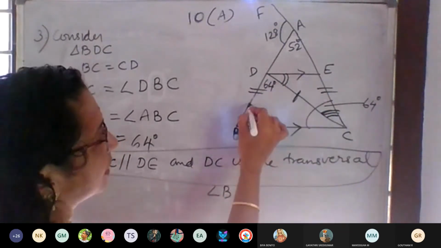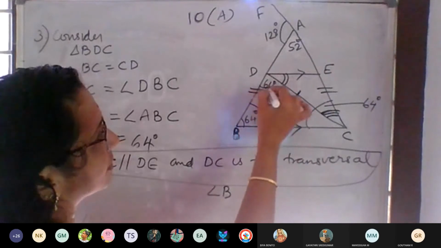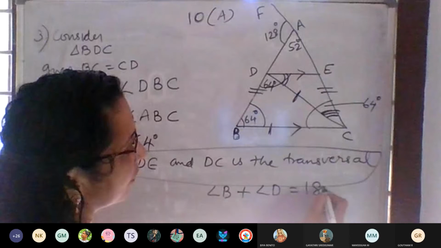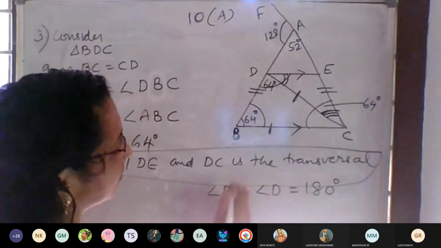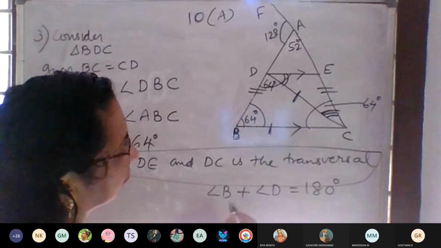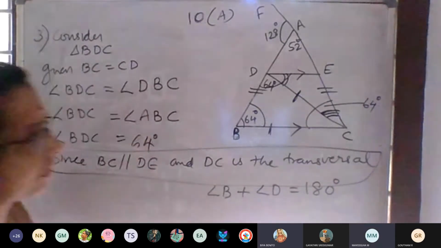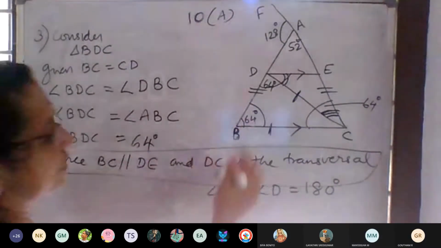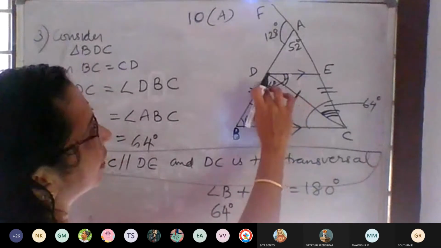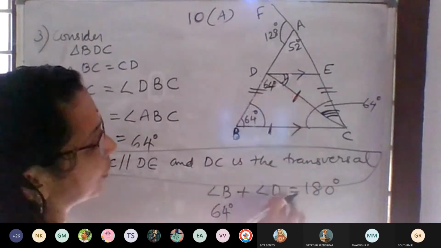In a trapezium, angle B plus angle D is equal to 180 degrees. Angle B is 64 degrees. Then angle D we don't have, so we have to divide this.